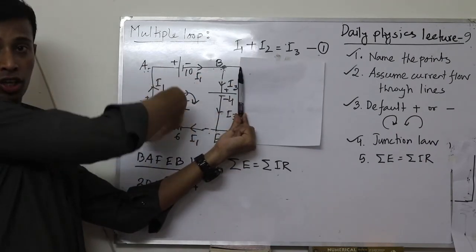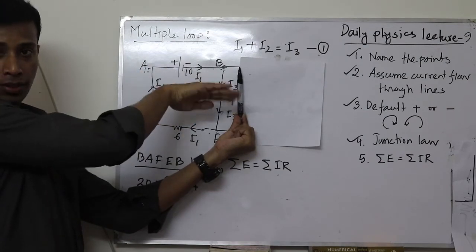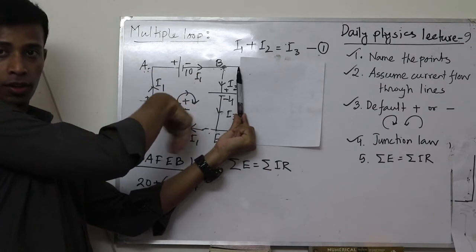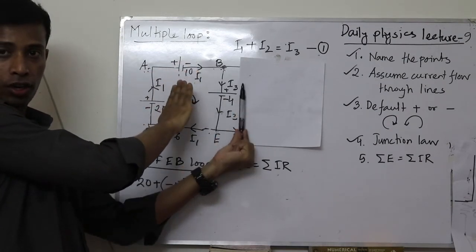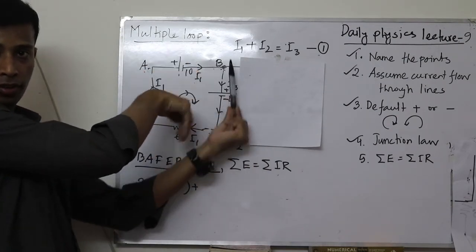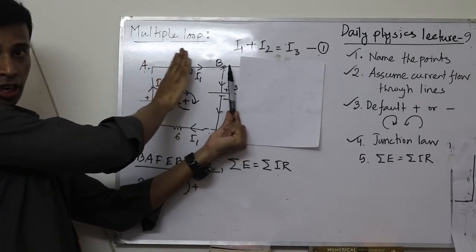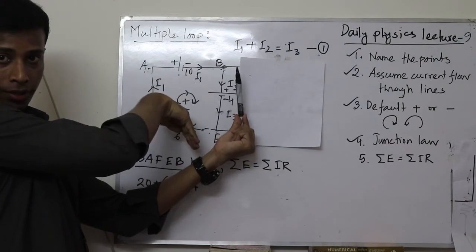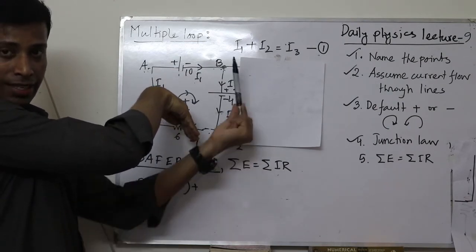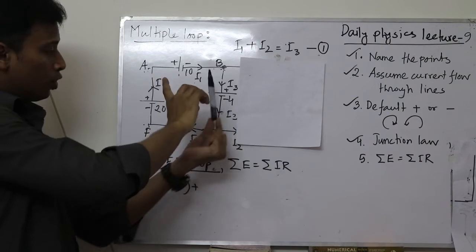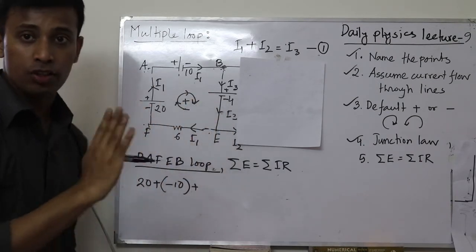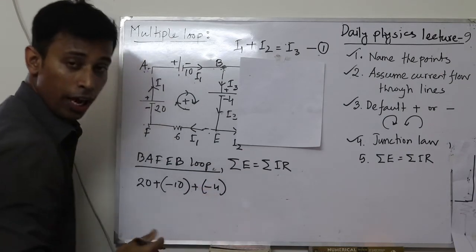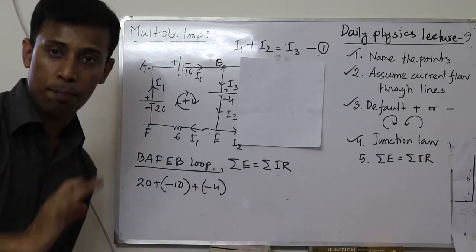Our default direction of this loop is clockwise, but here the direction of the cell is anti-clockwise. So this 4 is not a positive cell; it is the negative cell. So we are done with the EMF part, the left side.